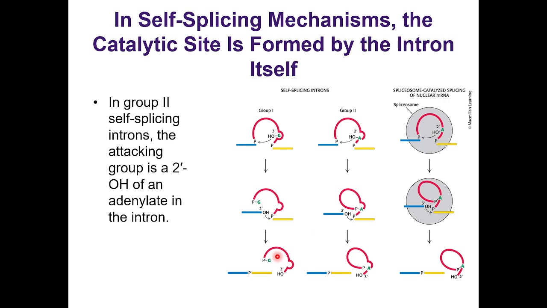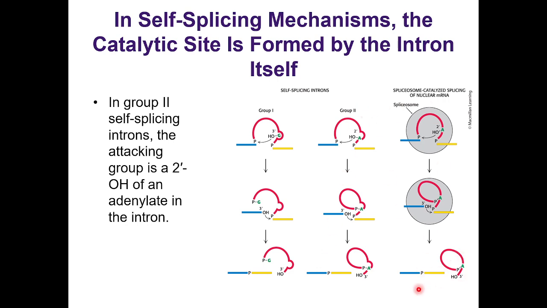Then over here, we get the group 1s. Hey, what's going on here? Is that lariat-like? Is it coming back on itself? Well, we get linear, don't we? Yeah, so in the group 1, the biggest difference that you'll notice is that we end with linear, actually. We don't end with a circular one. Okay? Group 2, on the other hand, ends with a lariat, and the spliceosome ends with a lariat.